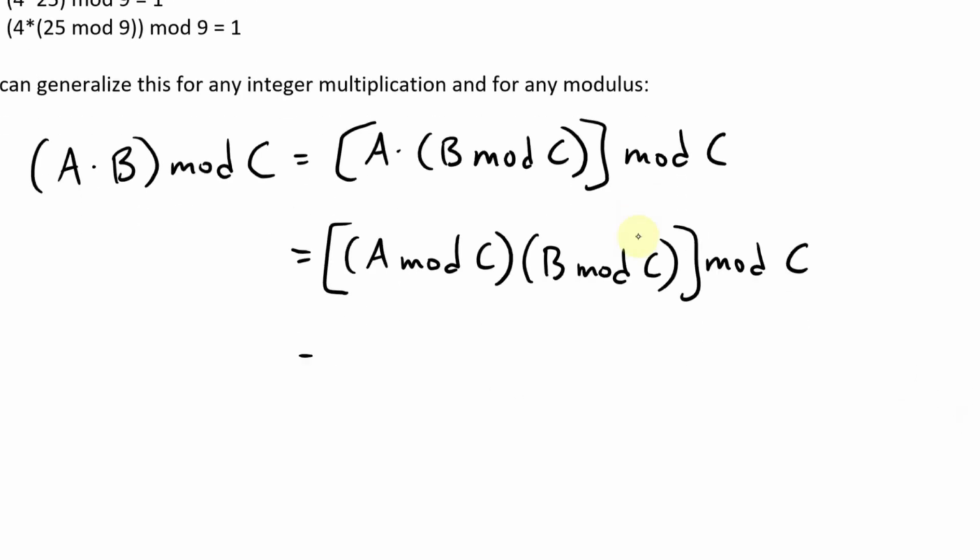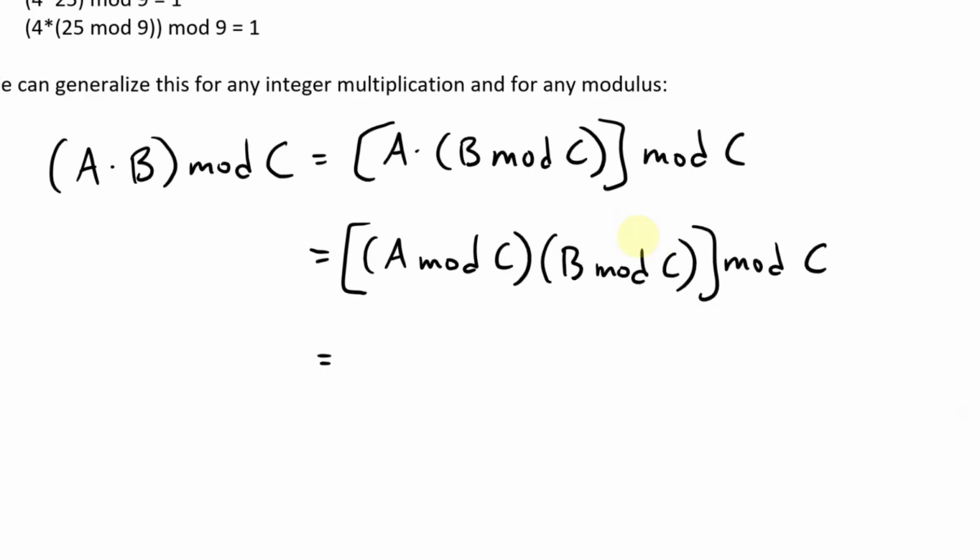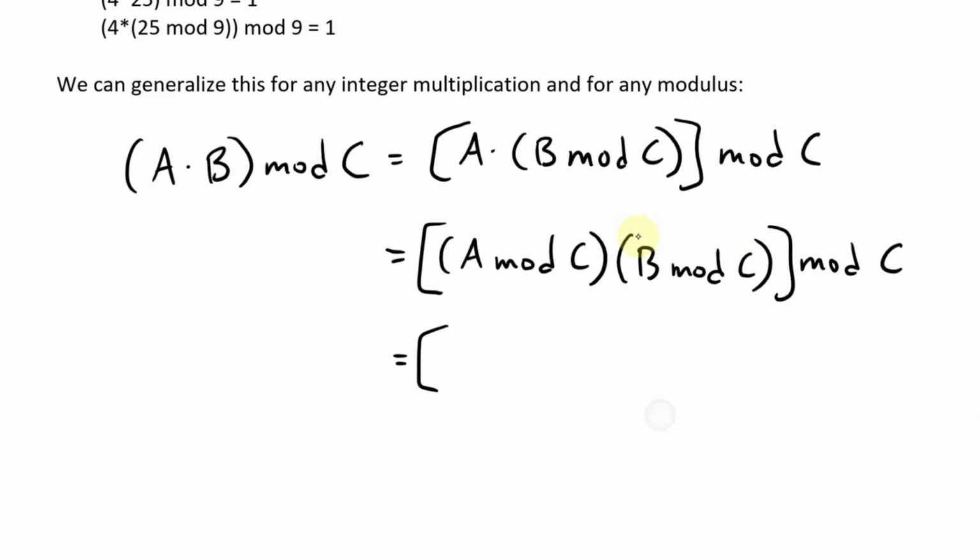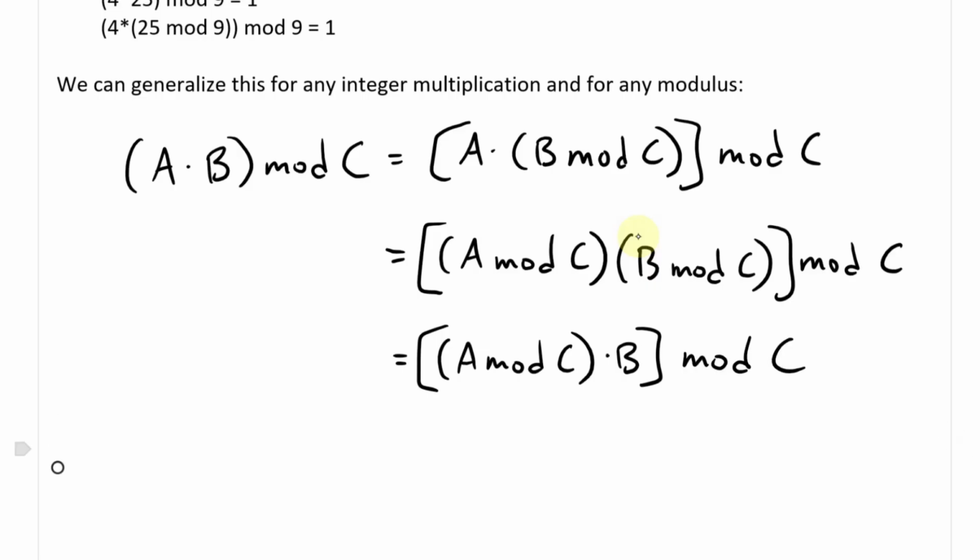And in fact, you could do the other way around too, because with multiples it doesn't matter which one you're modding. This is going to be a mod c, and then times b, close bracket, mod c, like that.